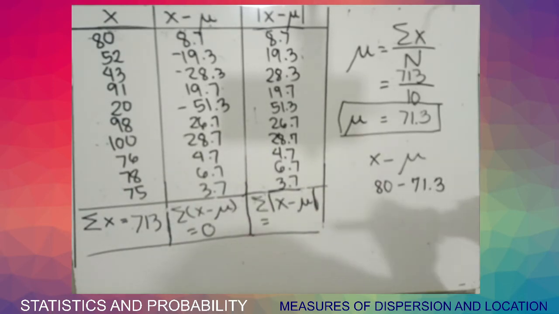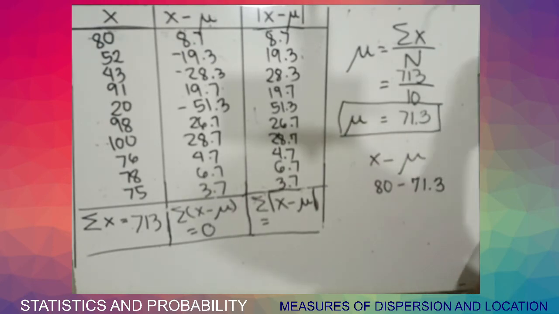Okay. So, pag-plusin natin. So, 8.7 plus 19.3 plus 28.3 plus 19.7 plus 51.3 plus 26.7 plus 28.7 plus 4.7 plus 6.7 plus 3.7.